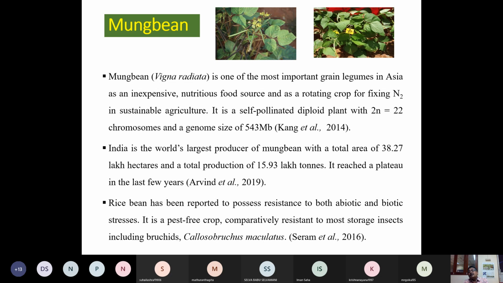Another important thing is how big the genome size is. For example, mungbean has a genome size of only 443 MB. So this is a smaller genome compared to other complex genomes. For example, if you go for barley, even though it is a simple diploid, the genome is around 1.3 to 1.5 GB.